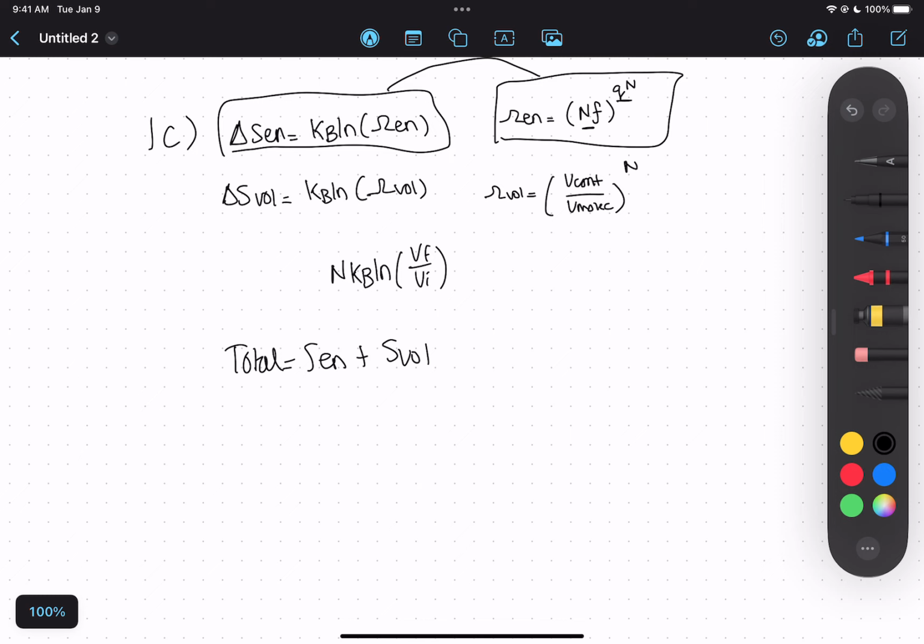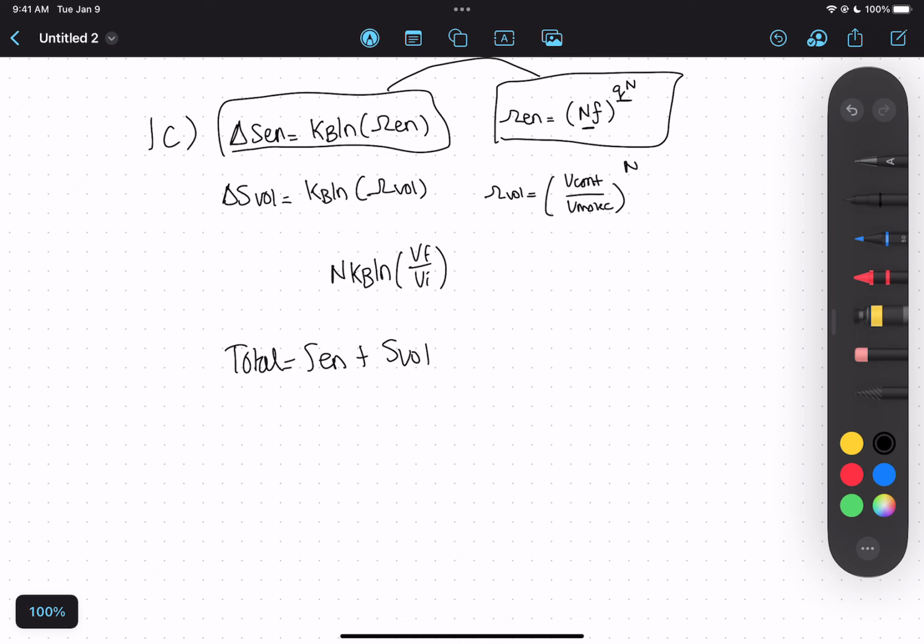What kind of gas is it? You can't change what the gas is. But what we can physically change is the number of molecules, and there's no indication that the number of molecules changed. So the final number of molecules equals the initial number of molecules. Degrees of freedom and energy blocks haven't changed either because we're not changing the identity of the gas. So effectively, yes, delta S energetic is 0.